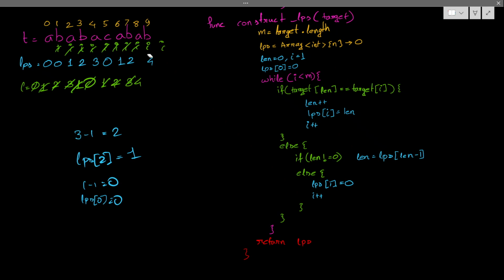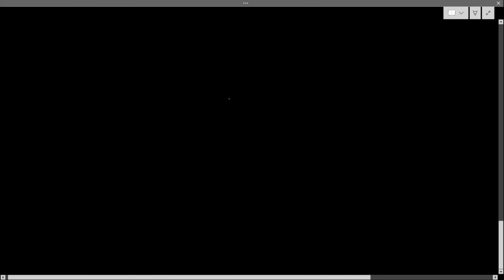Now let's see how we could use our KMP algorithm. LPS is one building block of KMP. Without LPS, we cannot build our KMP algorithm. Now see, KMP will be easy. Let's take the example.